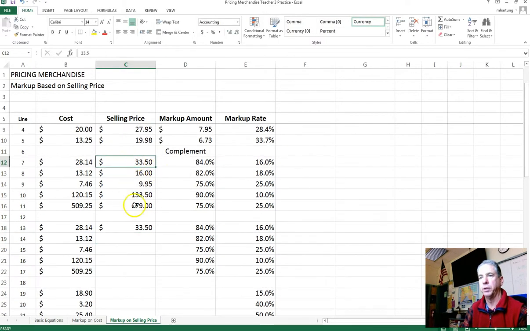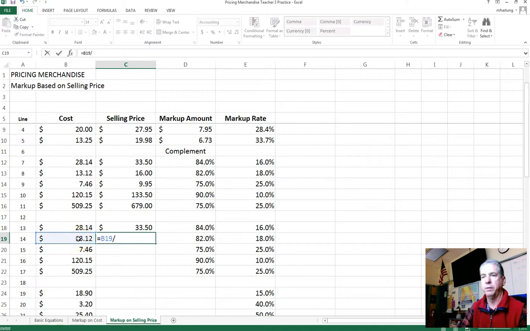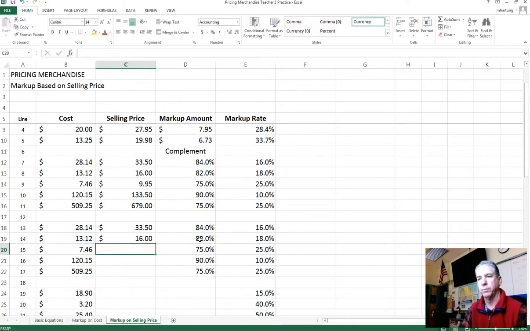And hopefully they're equal, and yes they are. Let's try one more. Cost divided by complement of our markup rate. And so that is how you calculate the selling price with the markup rate based upon the selling price.